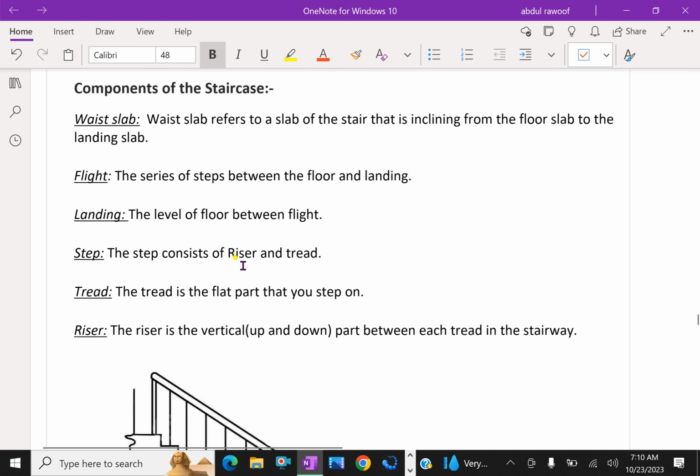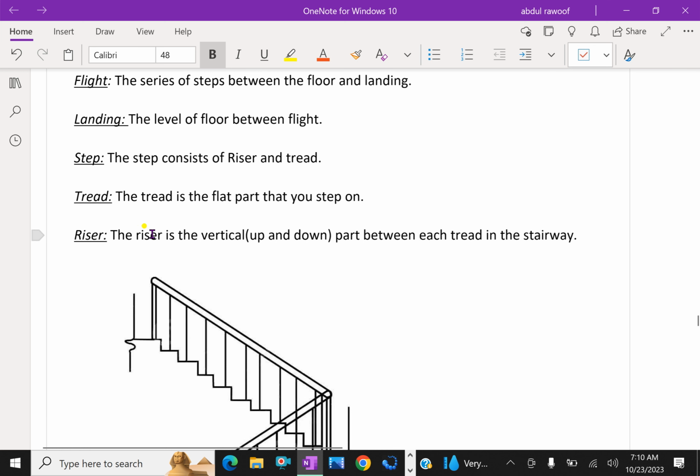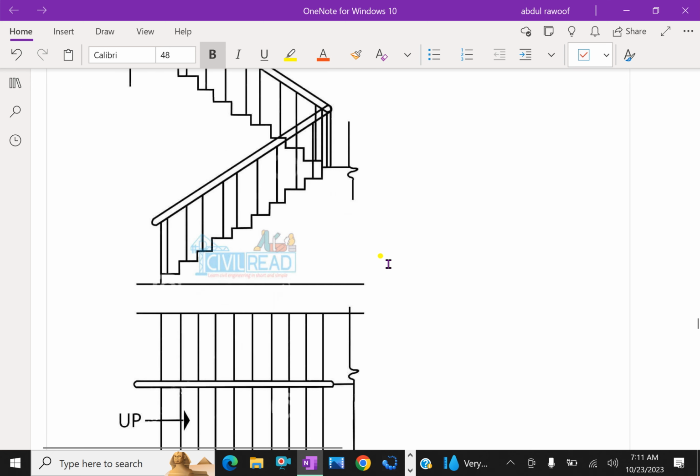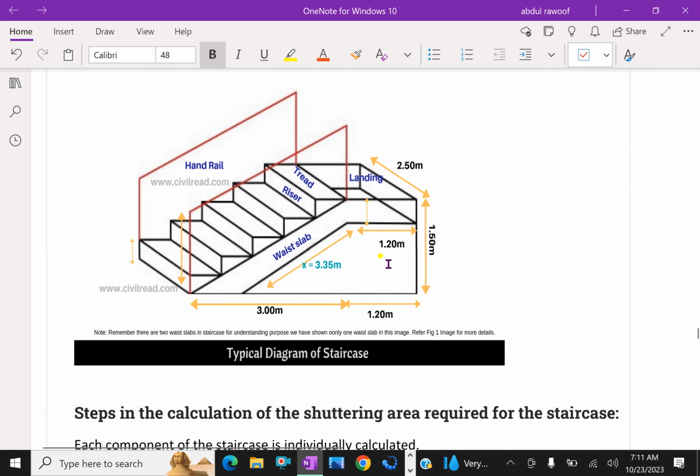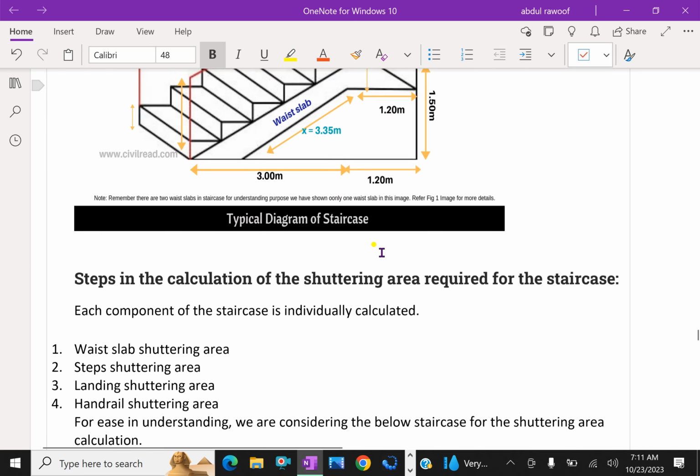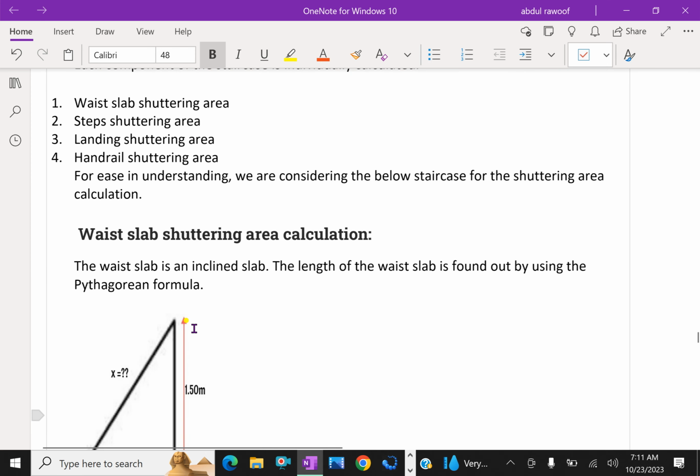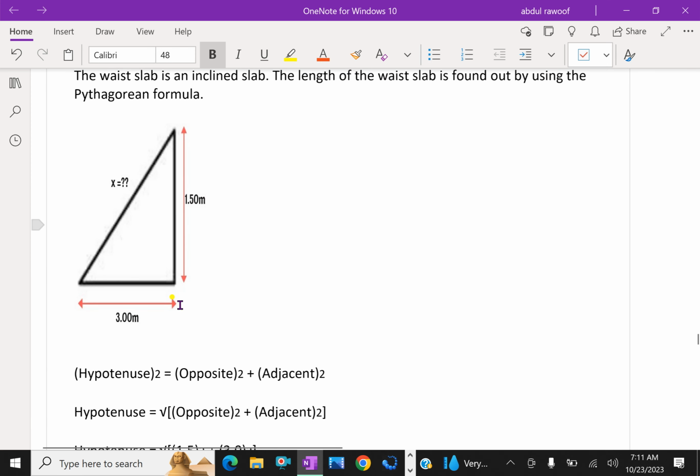The steps consist of riser and tread. Tread is the flat part that you step on. Riser is the vertical up and down part between each tread in the stairway. Here, look at here, this is a riser, this is a tread.